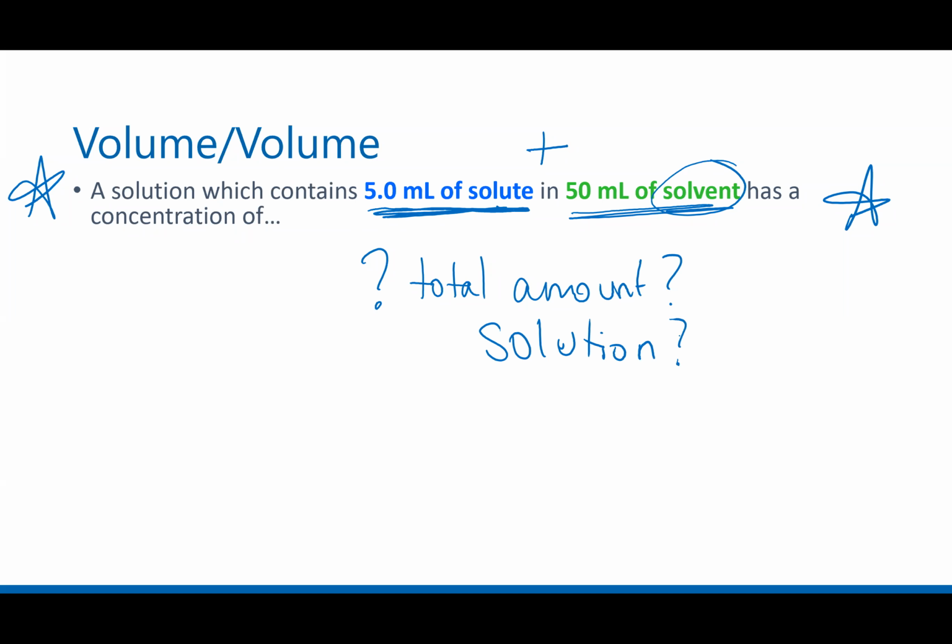If you took 5 grams of something, or even 5 milliliters, and added it to 50 milliliters or 50 grams of something, you would have 55 total. I said that kind of weird, but you know what I mean. If you mix together 5 grams and 50 grams, your total amount would be 55. If you mix 5 milliliters and 50 milliliters, your total amount would be 55 milliliters.